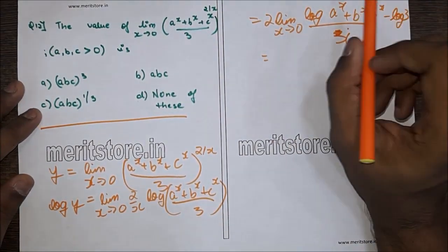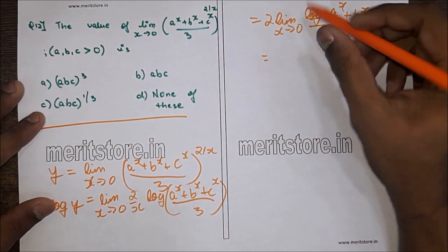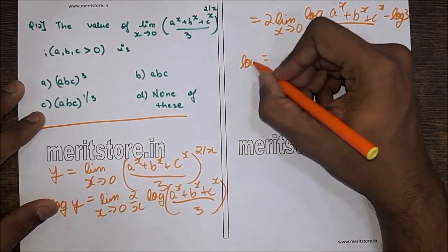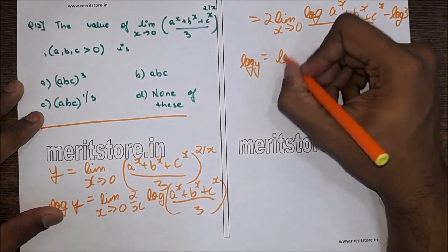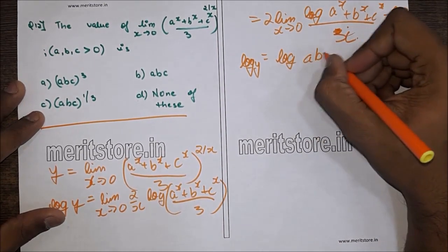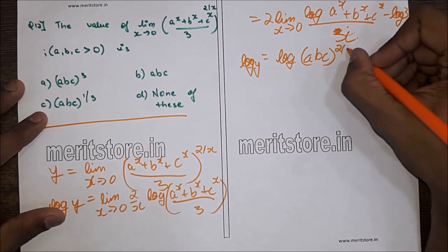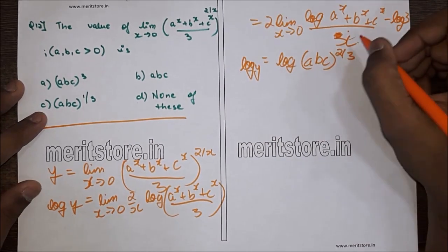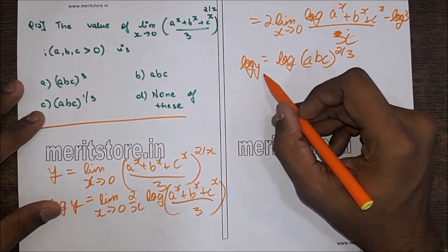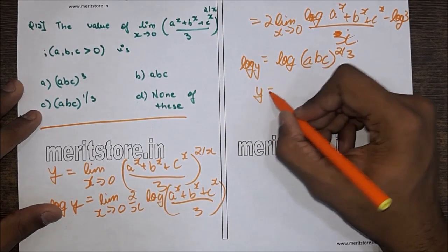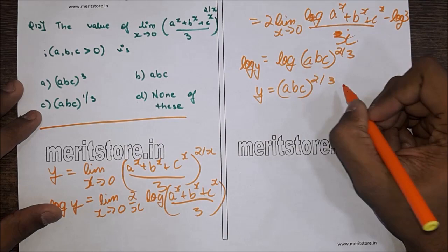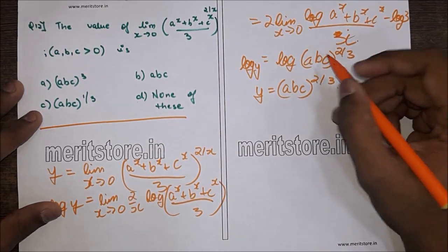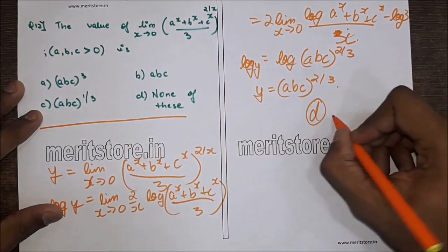Now we apply L'Hopital's rule on this term, which leaves us with log y on the left hand side and log of abc raised to 2 by 3 on the right hand side. Now if we remove the log on both the sides, we are left with y is equal to abc raised to 2 by 3. Therefore the answer is D, none of these.